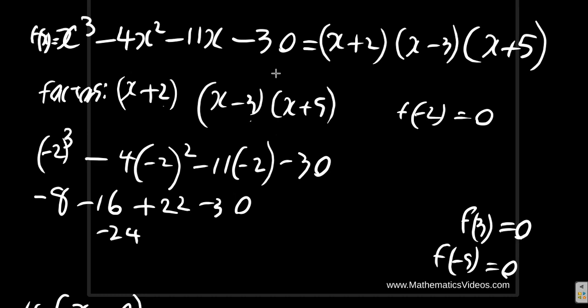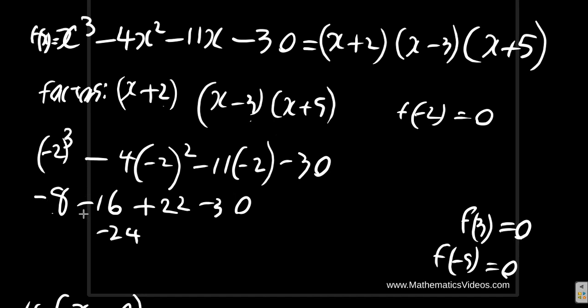Let me check something. x cubed, negative 2 cubed. 2 2s are 4, 4 2s are 8. Minus 4 times negative 2 squared minus 11 times negative 2 minus 30. Negative 8 minus 16, plus 22 minus 30.